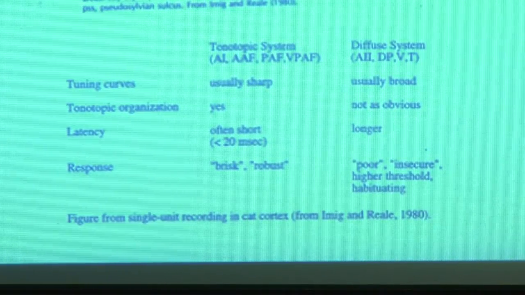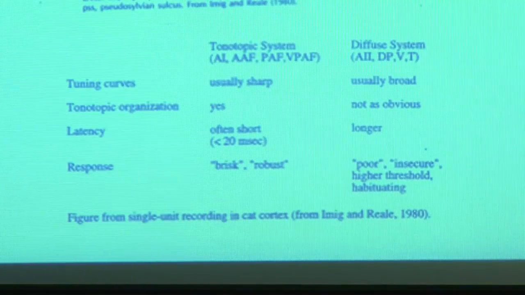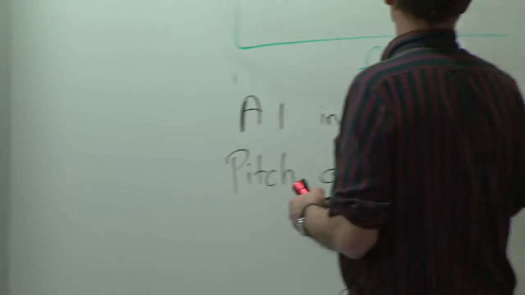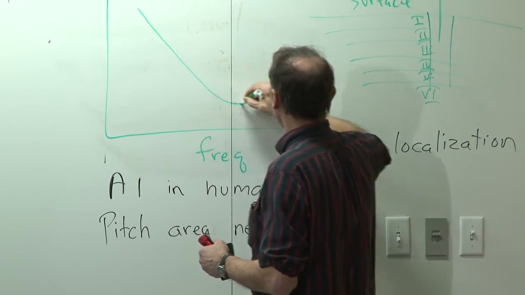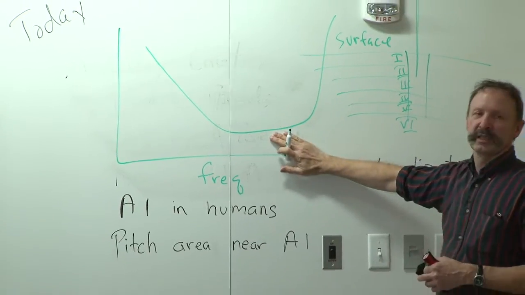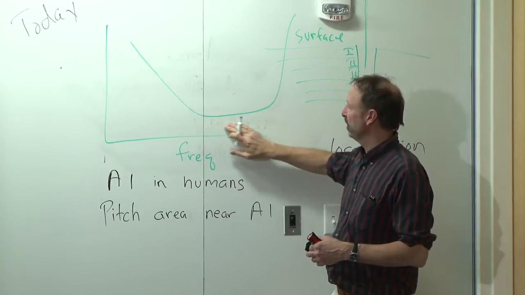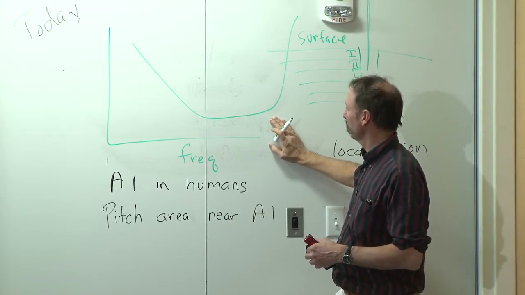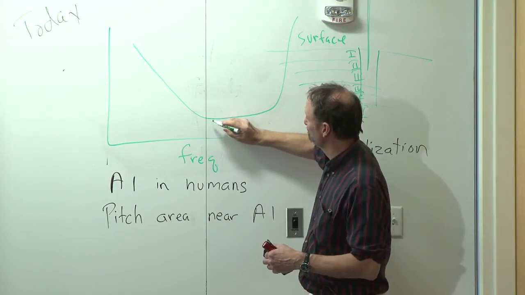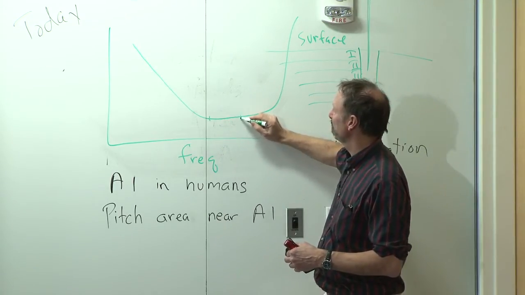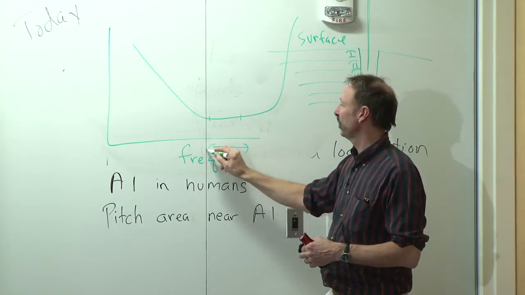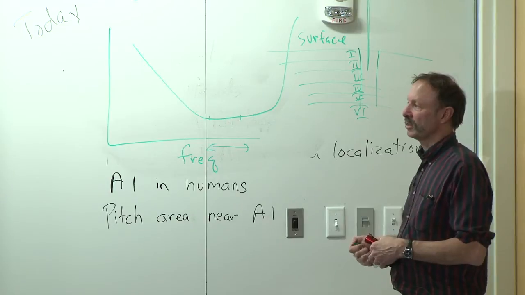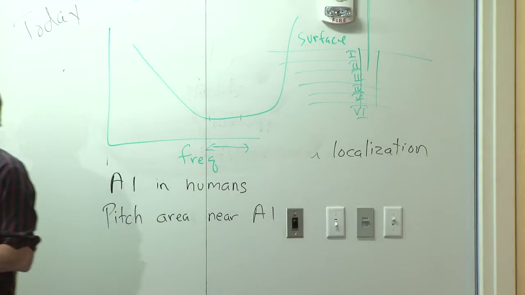For example, tuning curves in A2 can sometimes look like this. And it's very difficult then to assign a CF to such a broad bowl-shaped tuning curve. Okay, you could do it if you really were pressed, but there's not much difference between that frequency and that frequency, so this could be an octave or more difference. And so it's hard to assign a CF to some of the neurons in these other fields.